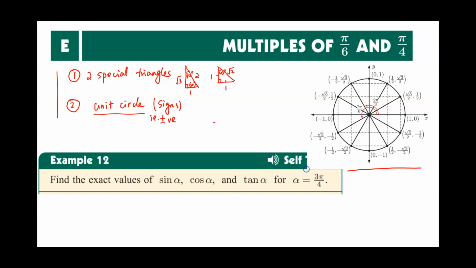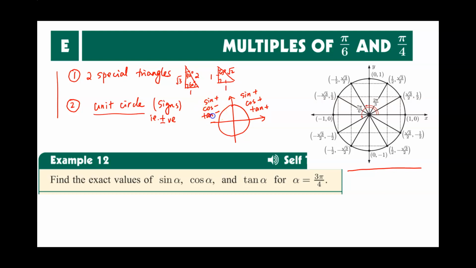Another thing for you to remember is in which quadrant the sine, cos and tangent are positive or negative. I only recommend you to remember the sine and cos, and then you can use sine divided by cos to decide whether tangent is positive or negative. For example, in quadrant 1, sine positive, cos positive, therefore tangent positive. In quadrant 2, sine positive, cos negative, therefore tangent is the ratio, therefore it's negative.